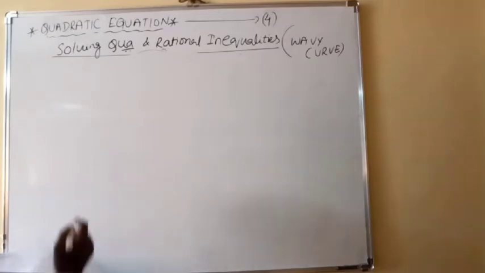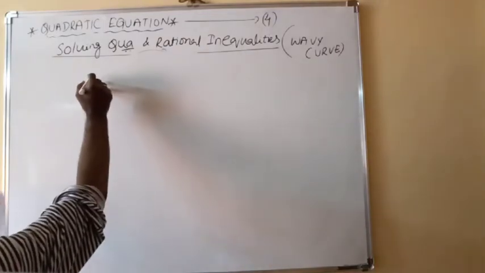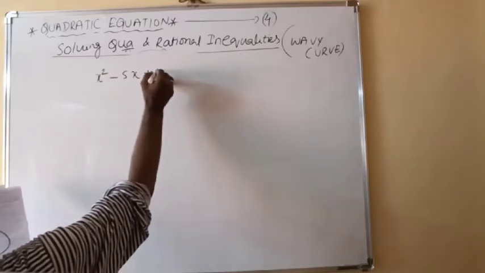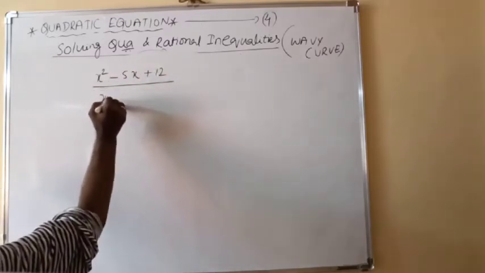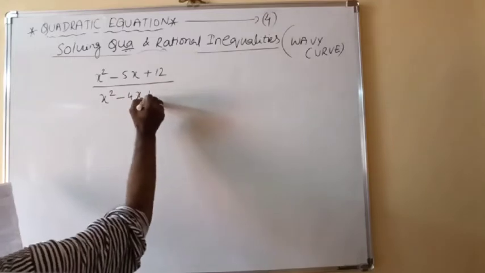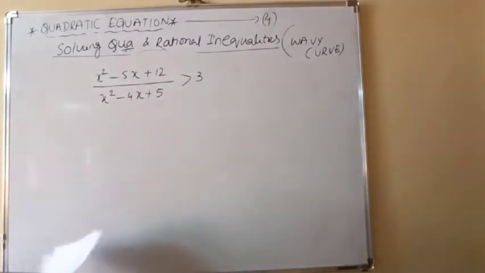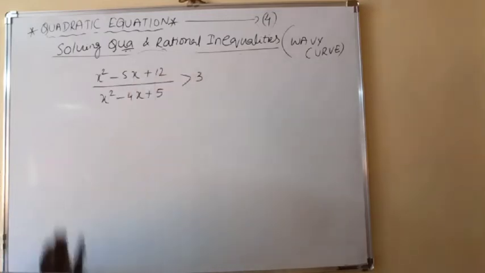So next problem, x square minus 5x plus 12 divided by x square minus 4x plus 5 is greater than 3. Okay, so how to solve this inequality? Don't cross multiply blindly.